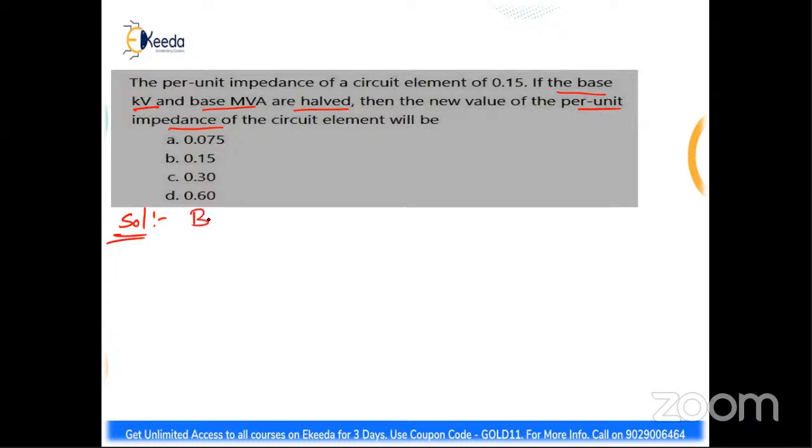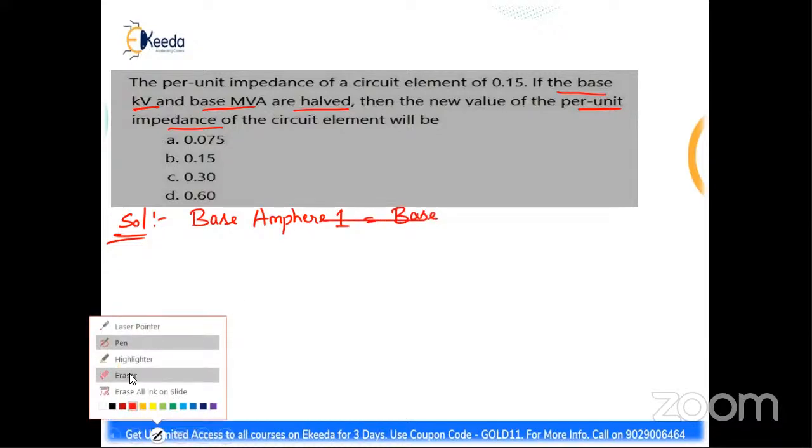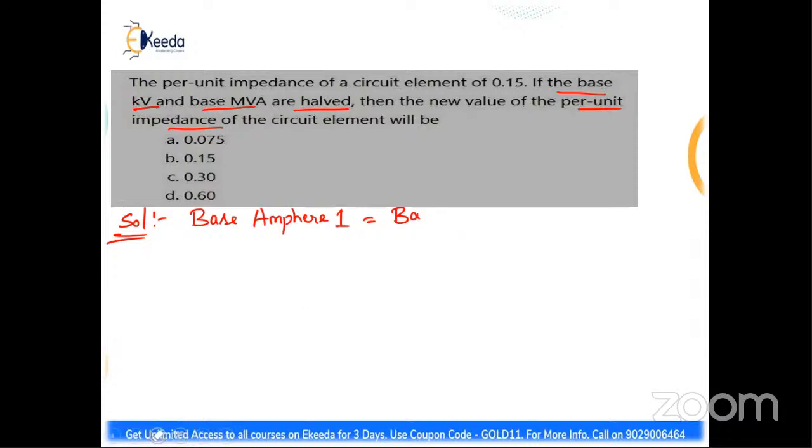So you know that base ampere 1 is equals to base VA 1 divided by base voltage 1, right?